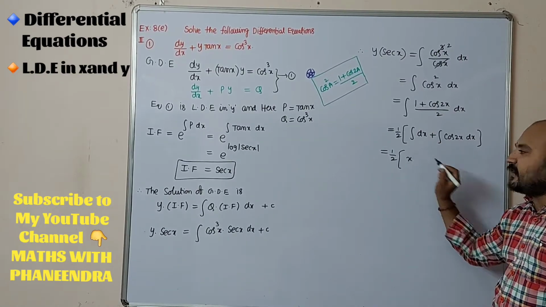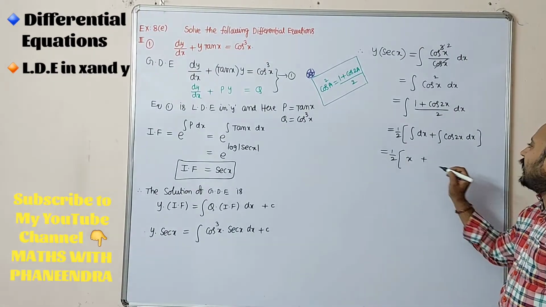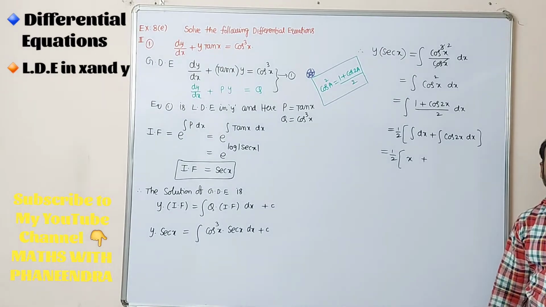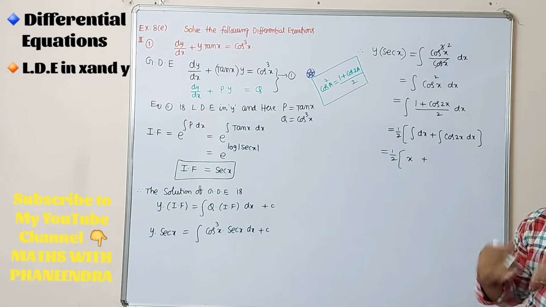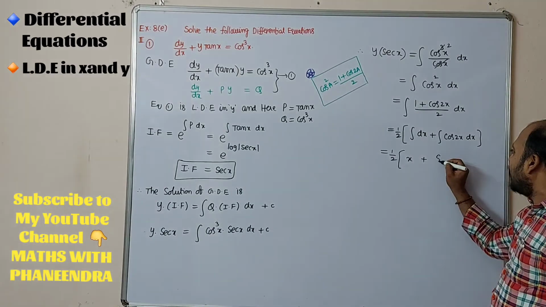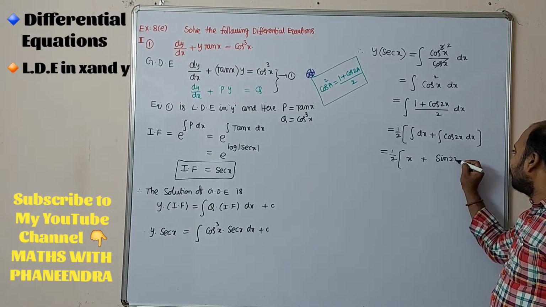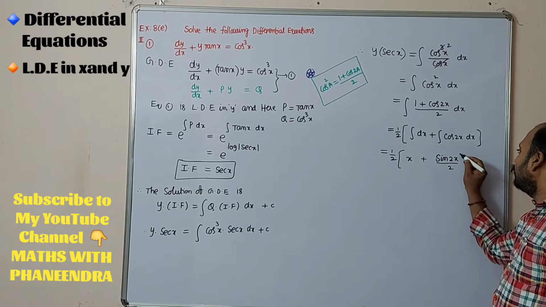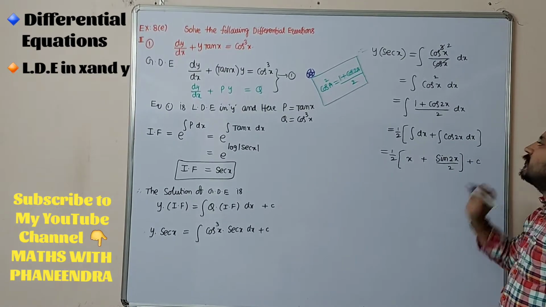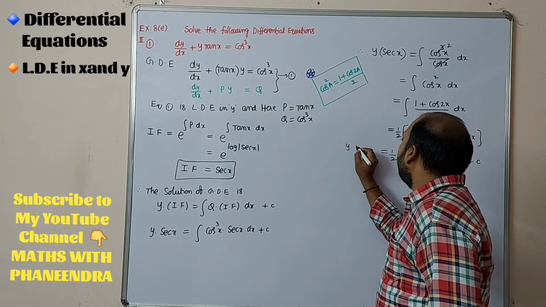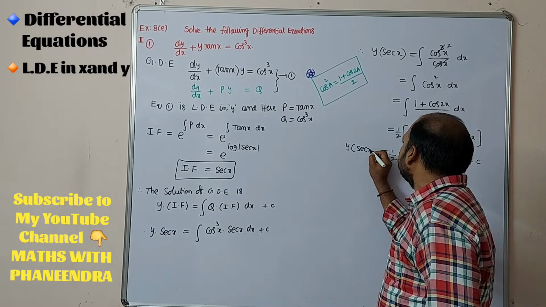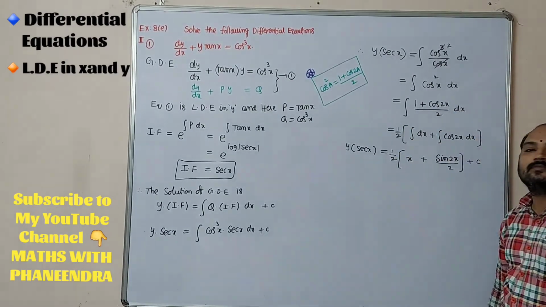Integral dx is x, plus integral cos 2x. Integral cos ax is sin ax by a, so integral cos 2x is sin 2x divided by 2, plus c. So therefore, y into secant x is equal to this one.